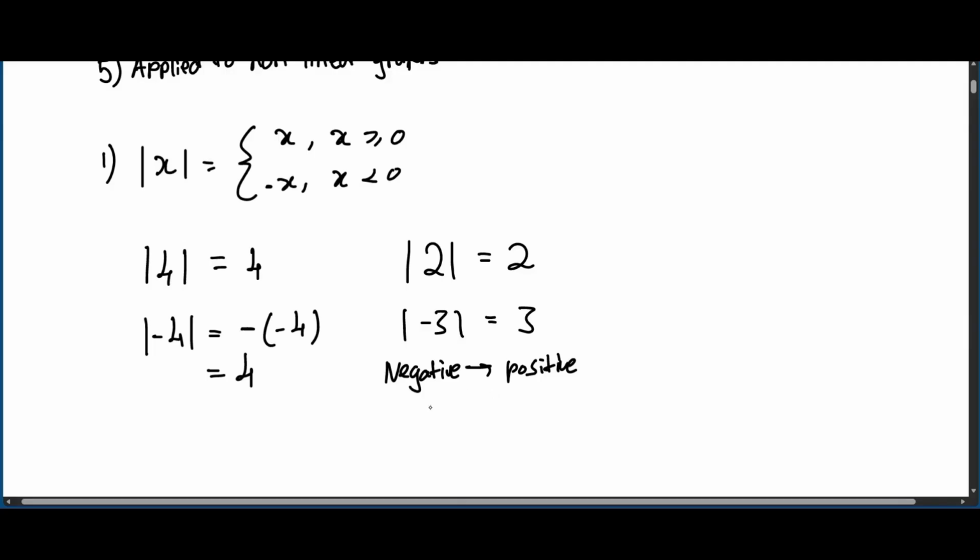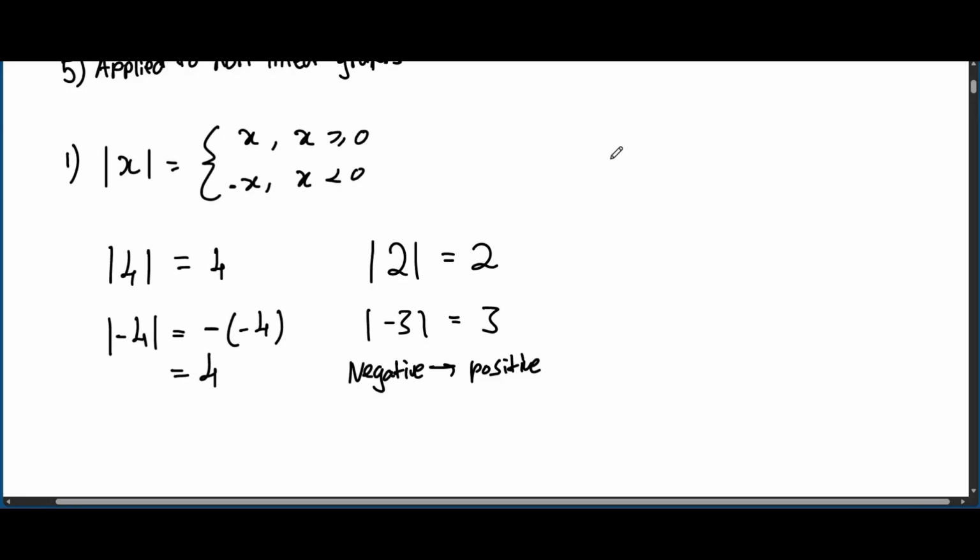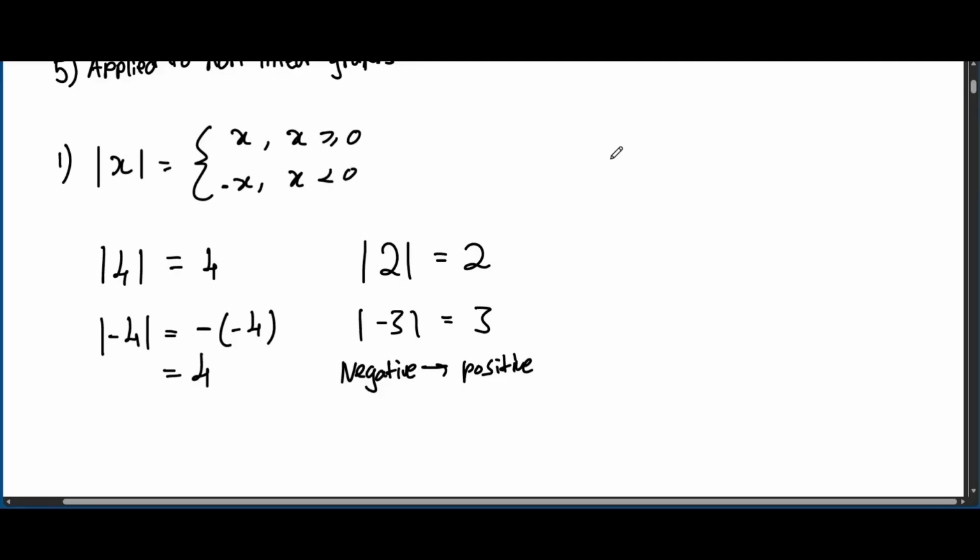What about positive? It turns positive into positive, so no change. It only turns negative into positive. And one more thing you should know for the definition of absolute value is that it's a many-to-one function.